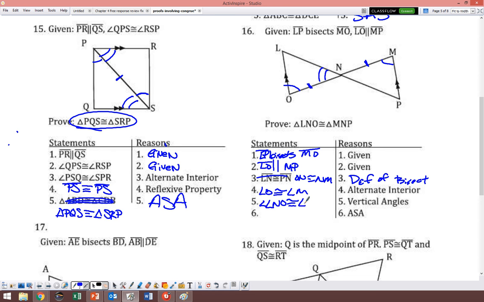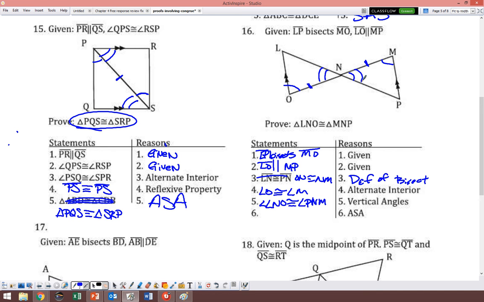So if it goes L N O, which one goes with L? No, no. L goes with P. So it would be P and M. There you go. P and M. There we go. Now, it says angle, side, angle. It has it there, but what is angle, side, angle?